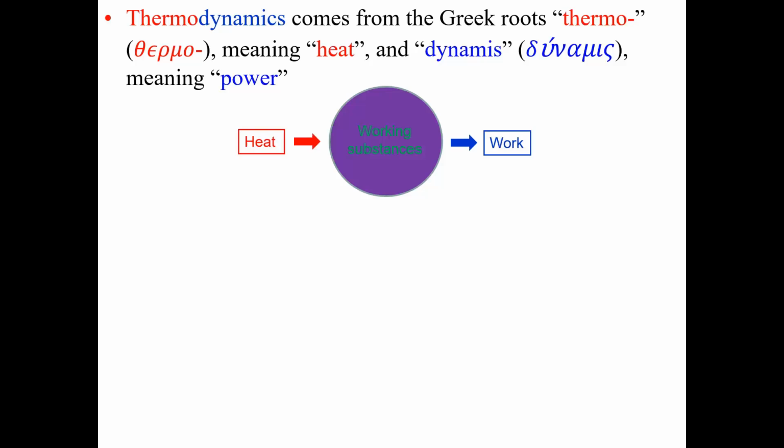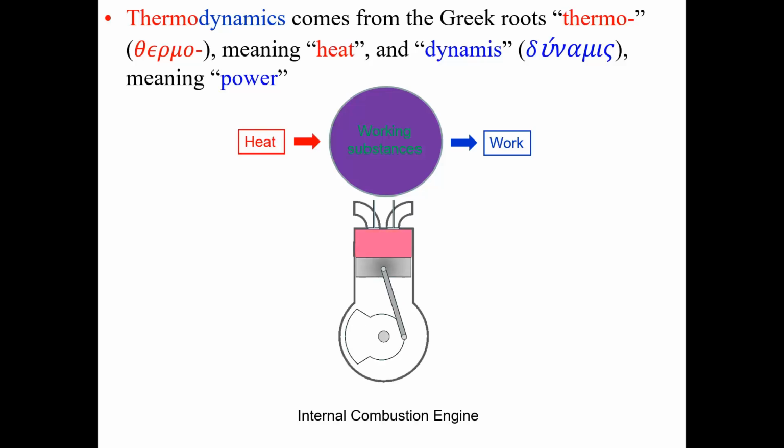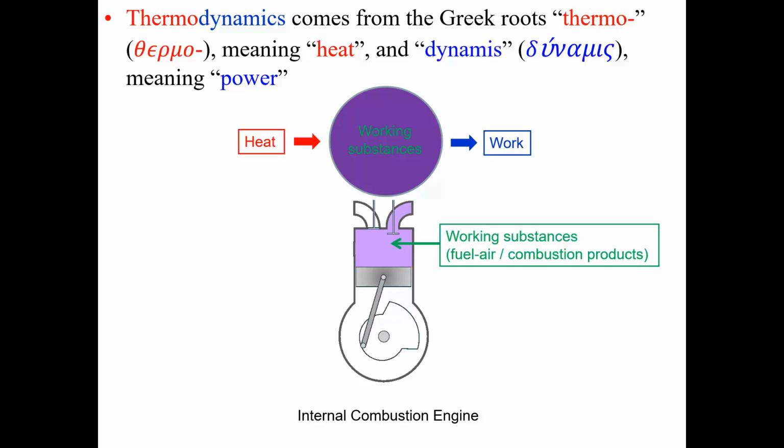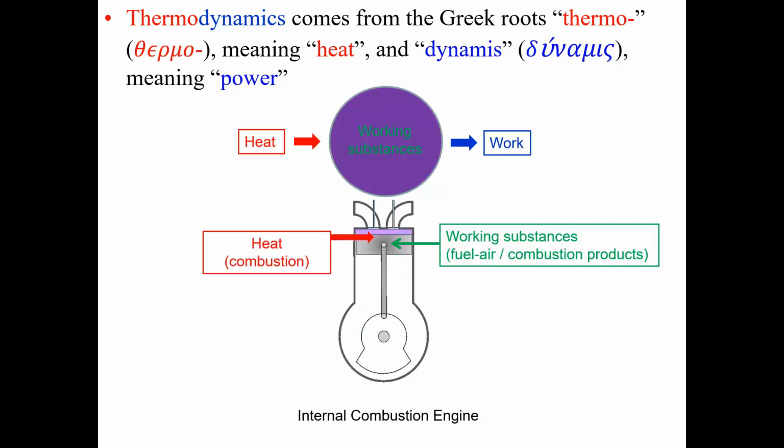For example, in an internal combustion engine, a series of processes happen in working substances, which may be the mixture of fuel and air, or some combustion products. And because of this series of processes inside these working substances, heat that comes from the combustion of fossil fuel can be converted to mechanical work.